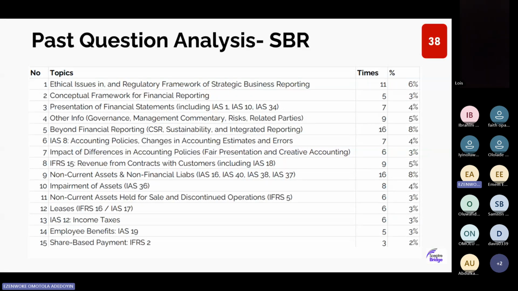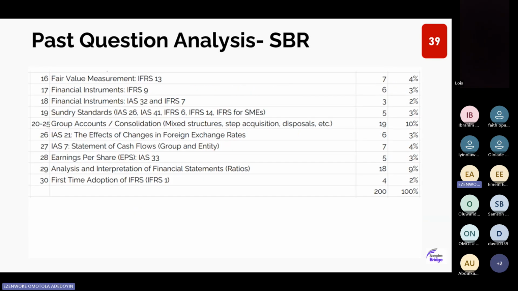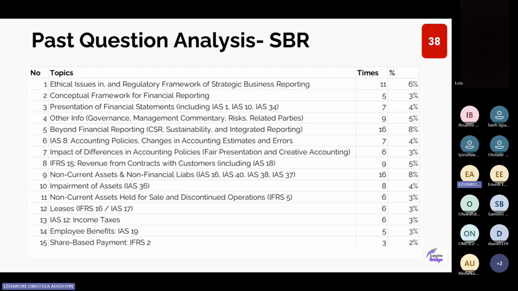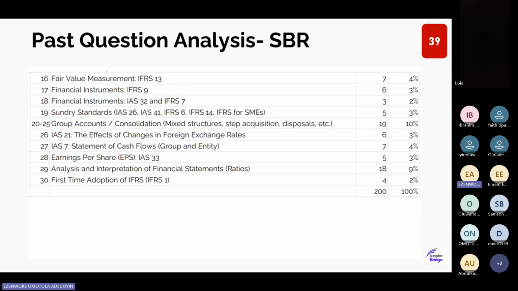You see them, and then you have your ethical issues coming in with 6%. Wow, that is great. But guess what? The rest are now thinly spread, 3%, 4%, thinly spread. Okay, so that's why it's looking like I should know everything, right? I should know everything.